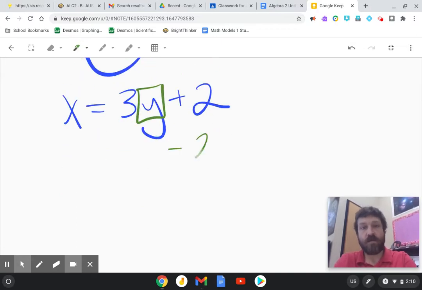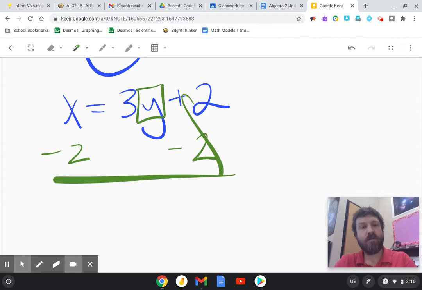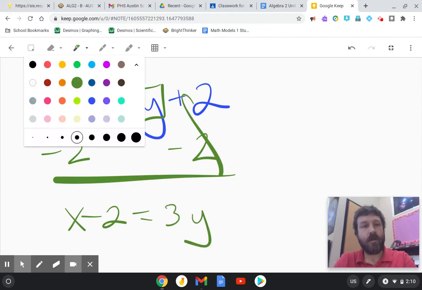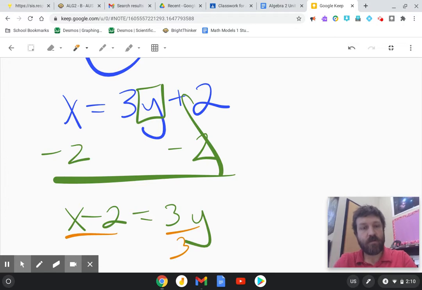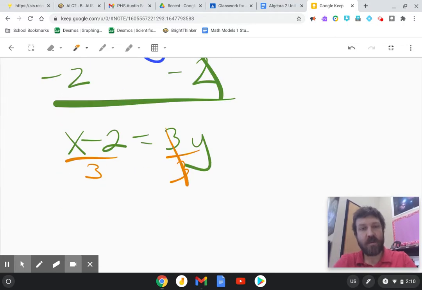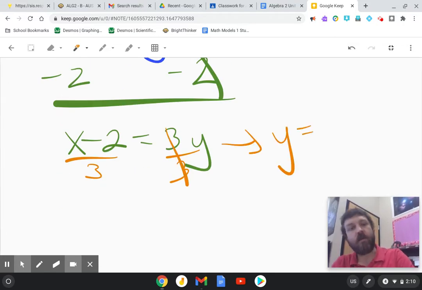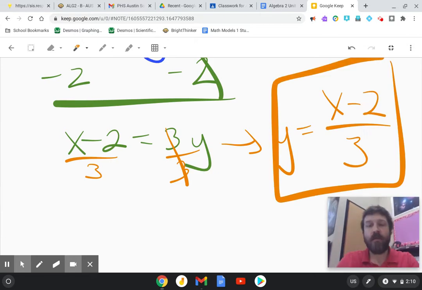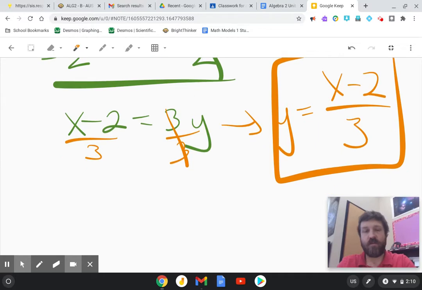And so we would just do basic algebra. And then we'd solve by dividing by 3. And we'd get y equals x minus 2 over 3. And so that was the kind of thing we did in the previous units.